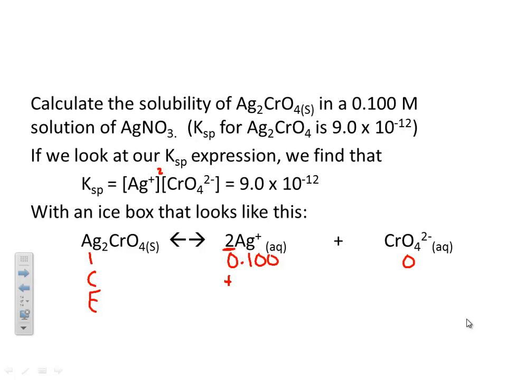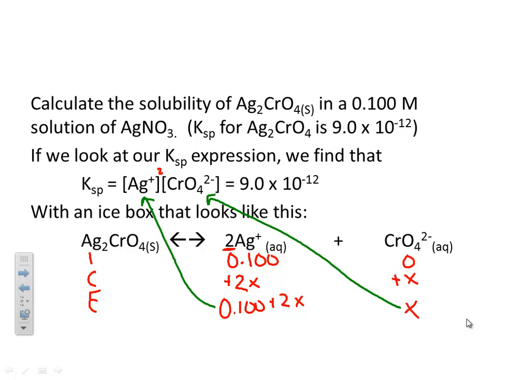Our change line is going to be plus 2x because of that coefficient, plus x over here. So we're going to have 0.100 plus 2x. These equilibrium concentrations can then be placed back up into our law of mass action.